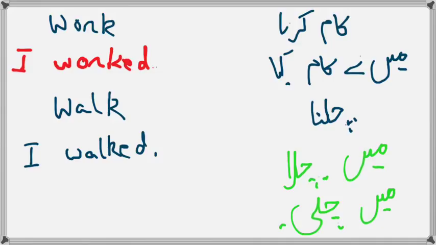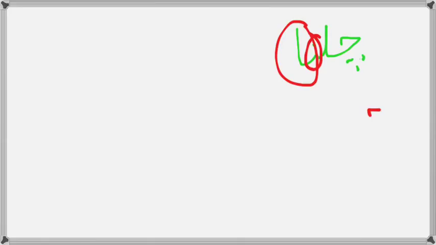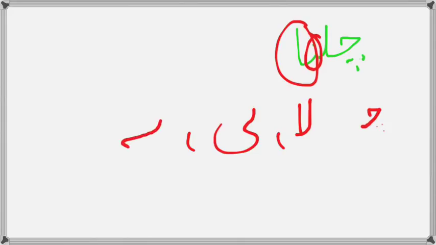So if you have noticed, usually what we do is omit the O, N. For example, from chalna we omit this, and after chal for male we say la, for female li, for more than one person le.